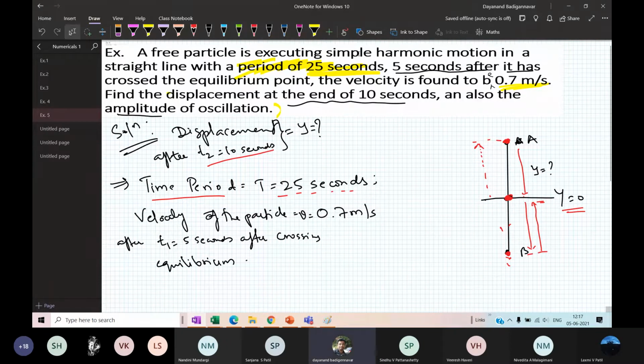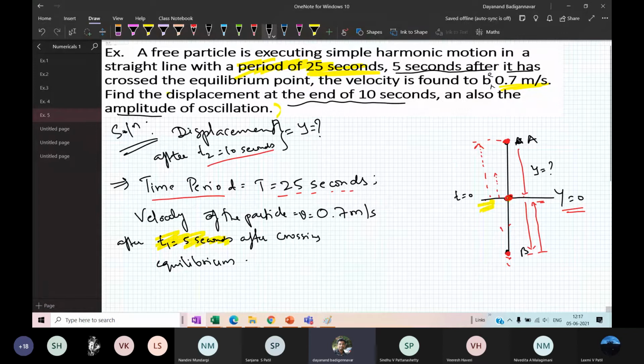When the particle is at y equal to 0, we take the time t equal to 0.